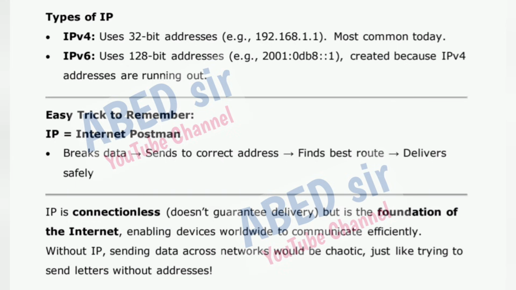Easy trick to remember: IP equals Internet Postman. Breaks data, sends to correct address, finds best route, delivers safely. IP is connectionless, doesn't guarantee delivery, but is the foundation of the Internet, enabling devices worldwide to communicate efficiently. Without IP, sending data across networks would be chaotic, just like trying to send letters without addresses.